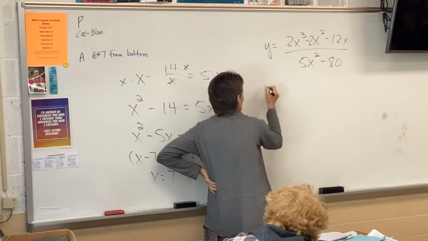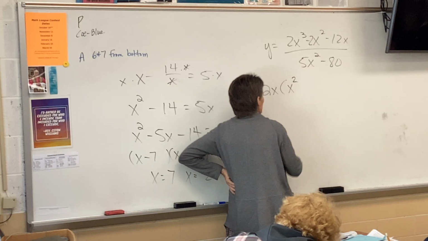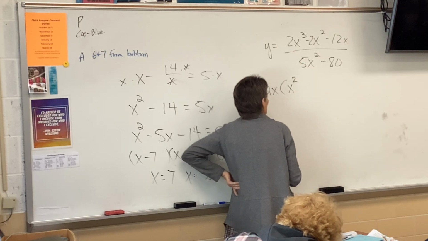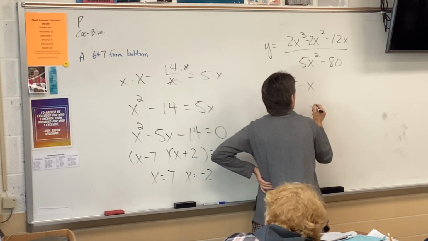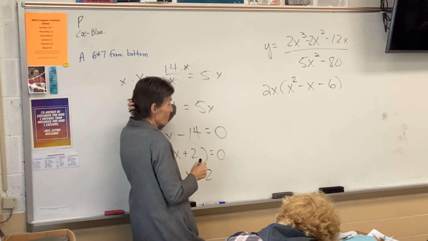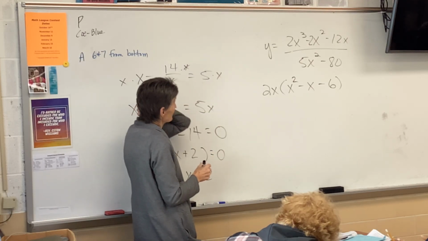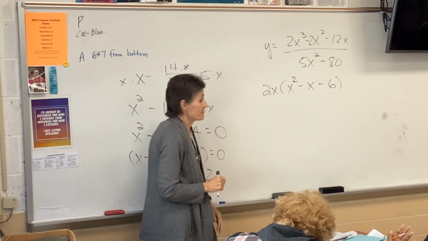So now on top I can take out a 2x. Let's see if this works better. So if I take out a 2x, I'm left with x squared minus x minus 6. So I took a 2x out of everything. All right, sorry about that mistake.